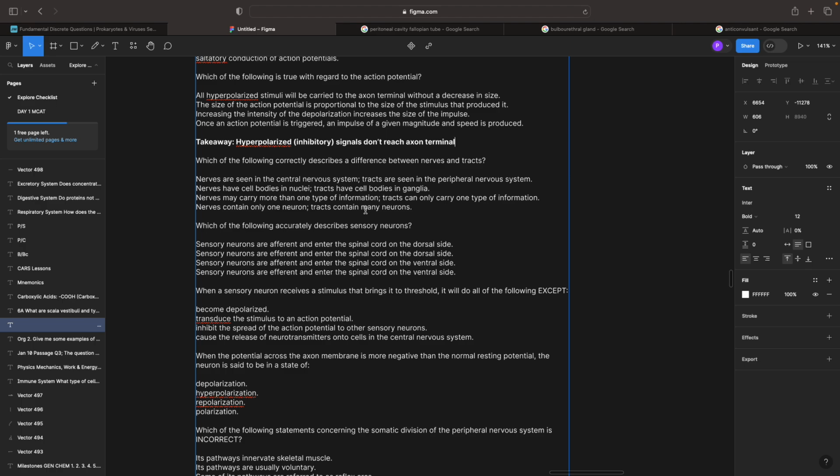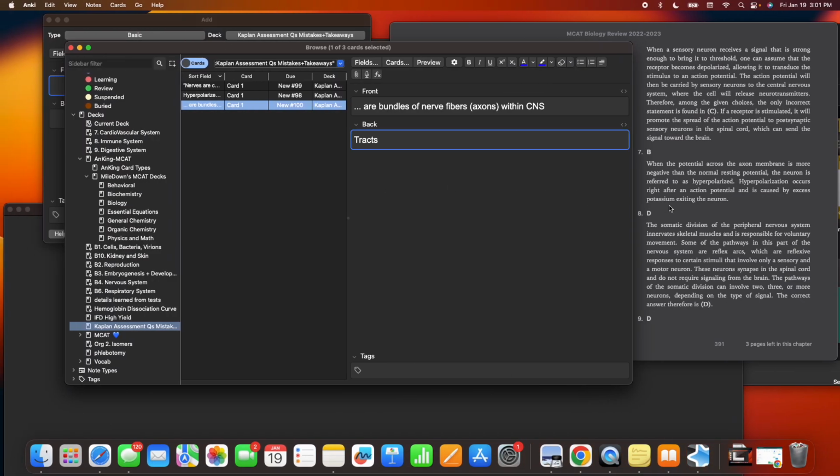What we got wrong, one of the 3 questions that we got wrong for this chapter. So nerves are seen in CNS, that's wrong. Tracts in PNS, wrong. Nerves have cell bodies in nuclei, tracts have cell bodies in ganglia. Okay, we also need to know what's up with ganglia and nuclei.